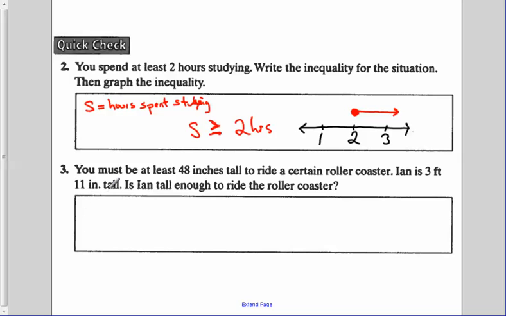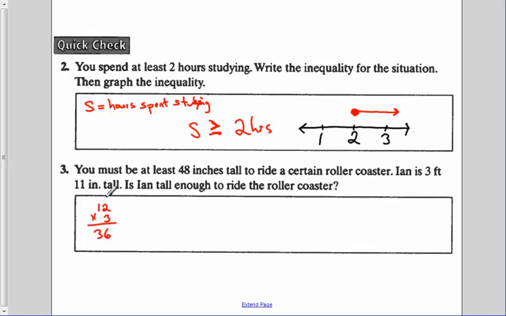Alright, now for number 3, you must be at least 48 inches tall to ride a certain roller coaster. Ian is 3 feet 11 inches tall. Is Ian tall enough to ride the roller coaster? Well, here we actually have to do some math before we can compare. So 3 feet 11 inches tall. Well, I know that there are 12 inches in a foot, and he's 3 feet tall, so that's going to be 36 inches.